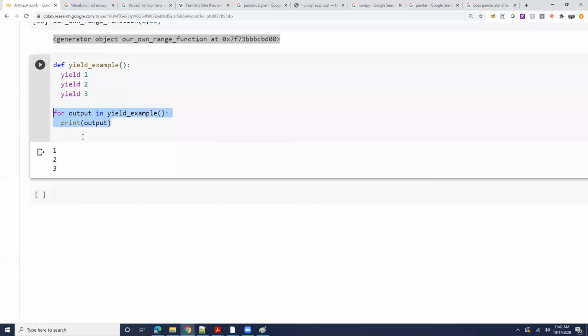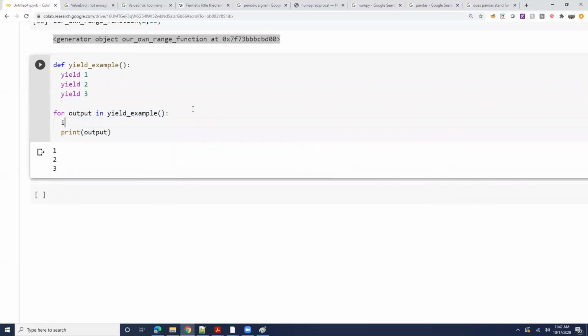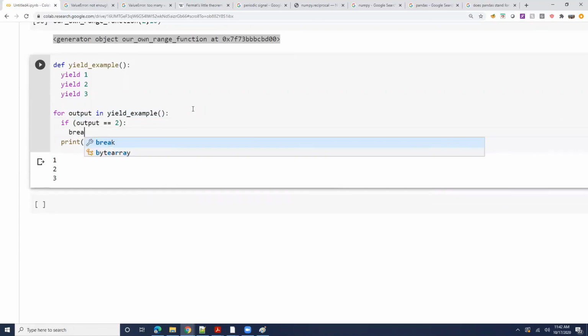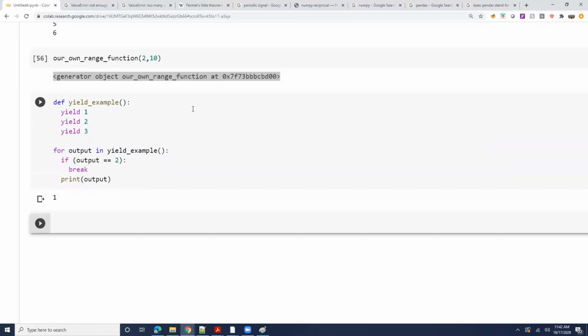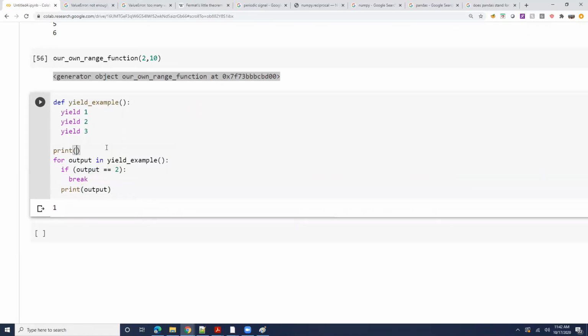But if I call this function only once, it only prints 1. If you just print yield example, it doesn't do anything at all.